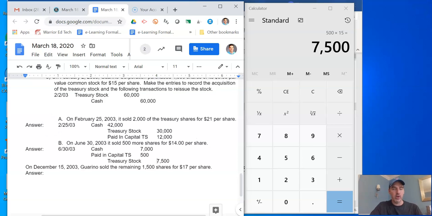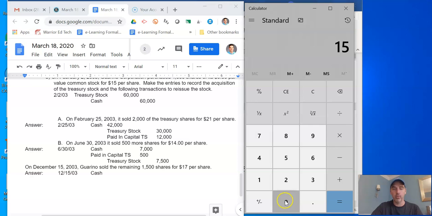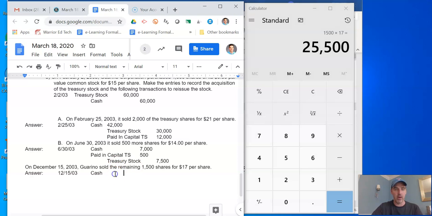All right, so last one here, we're reselling at 17 a share. So we're going to date our journal entry here. It looks like we're at the end of the year, 12/15/03, and we're going to take that 1,500 shares, multiply it by $17 a share, and that's how much cash we're going to receive. So I got 25.5.